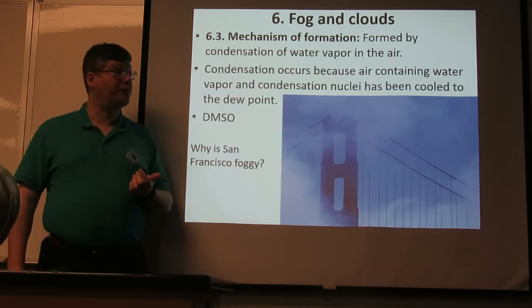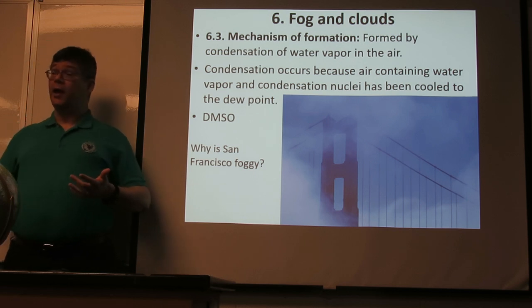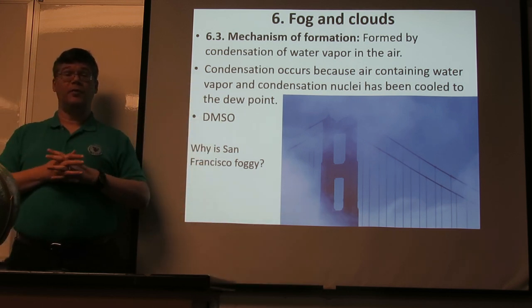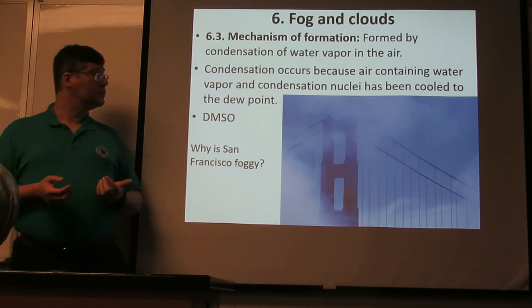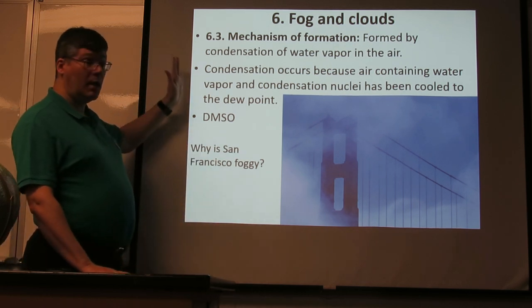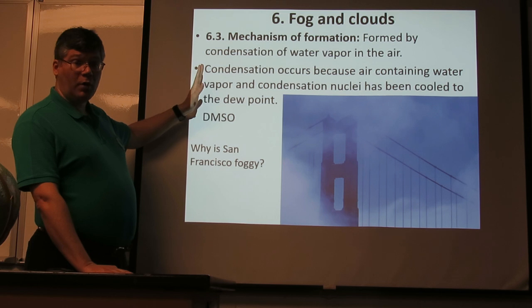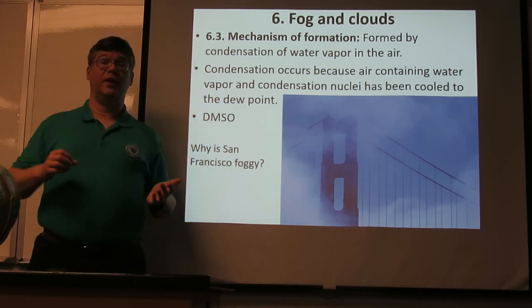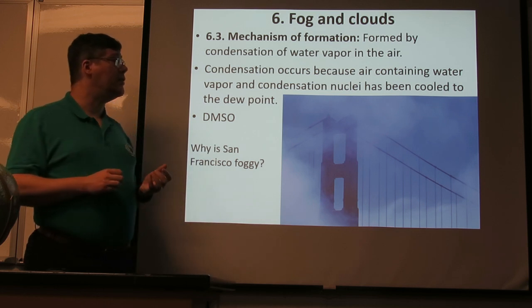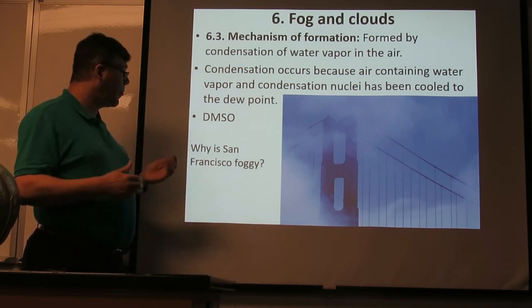How do we make a cloud or fog? Well, we need to have water vapor in the air, and the air being at the dew point. So we've got air, we've got water vapor, suitable temperatures, and we've also got some sort of little specks of things, the condensation nuclei in the air that can stick on.